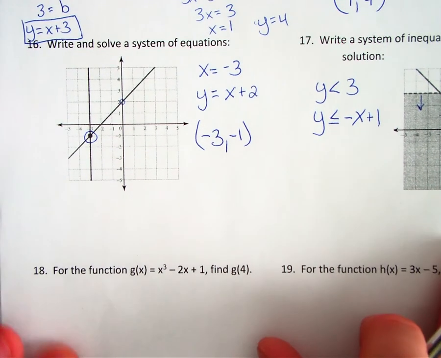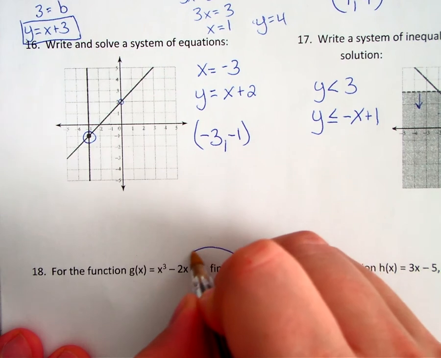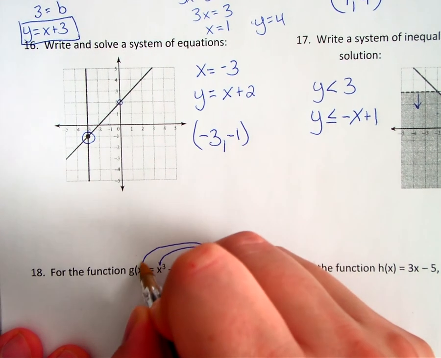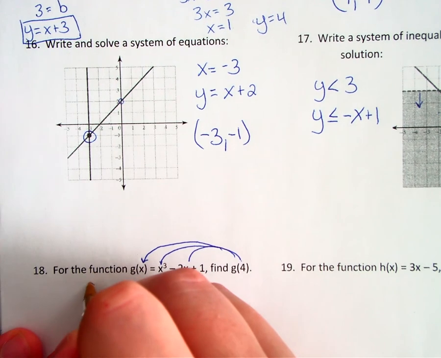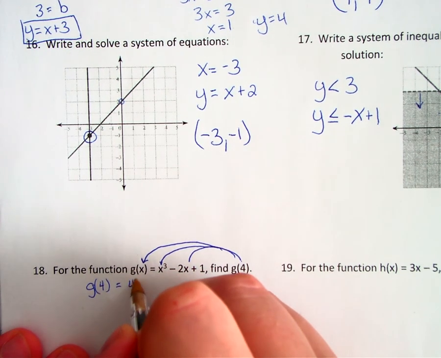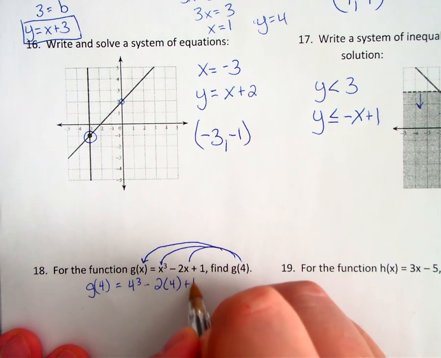Number 18. For the function g of x is equal to x cubed minus 2x plus 1, find g of 4. Now remember, this means I'm going to take the 4 and I'm going to plug it in everywhere where I see an x. So g of 4 is equal to 4 cubed minus 2 times 4 plus 1.